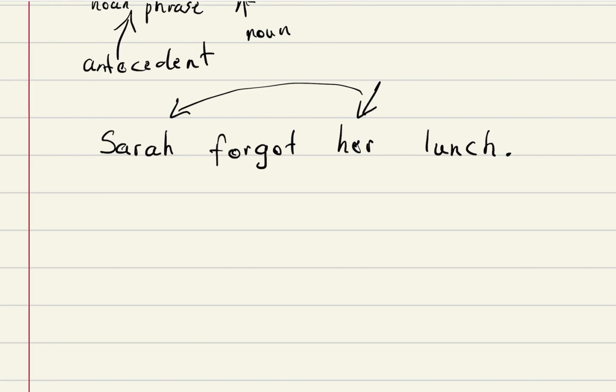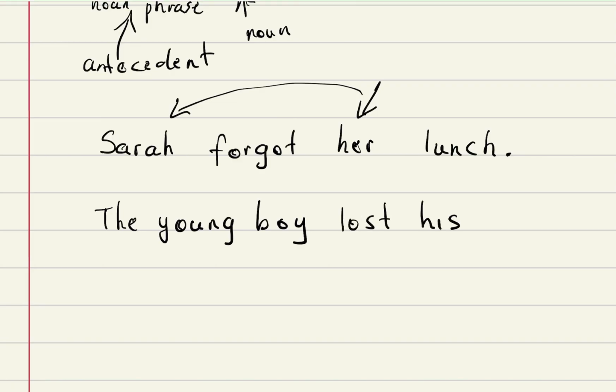Then let's do another example with a noun phrase. The young boy lost his cat. Try to find the antecedent. If you've taken some time to figure that out, first find the pronoun right here.